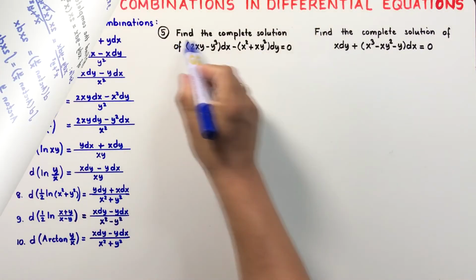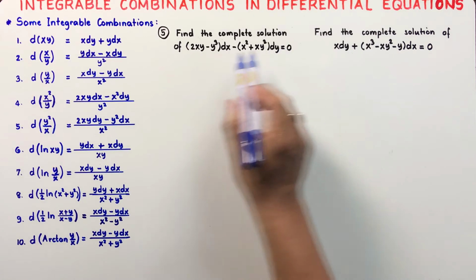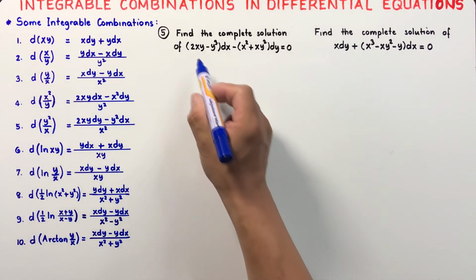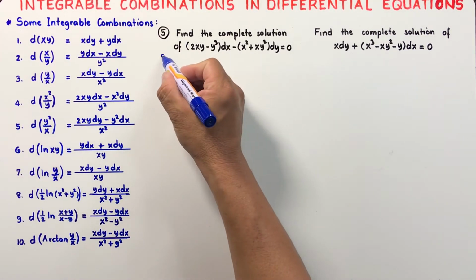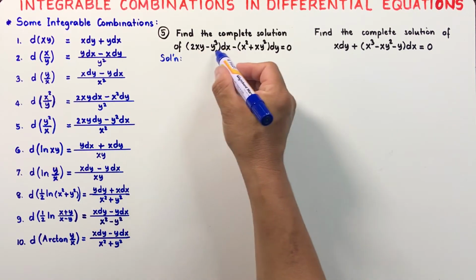Now let's proceed to our example number 5. Find the complete solution of this differential equation. Now, so that the integrable combination will be obvious to us, let us first distribute our dx to this binomial here.